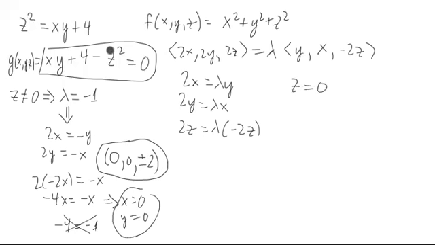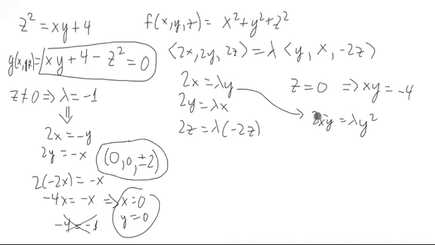When z is equal to 0, then in this equation we have xy plus 4 is 0, or in other words, x times y is equal to negative 4. Now let's use this idea. Take this equation right here and multiply it by y. We'd get 2xy is equal to lambda y squared. Why did we do that?